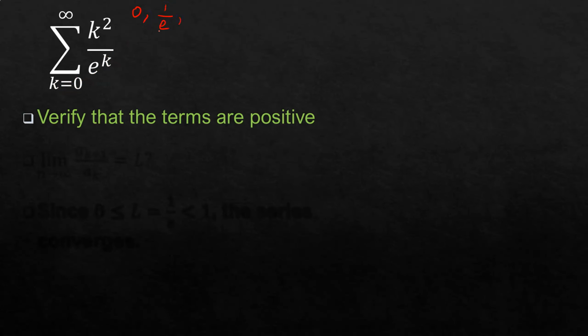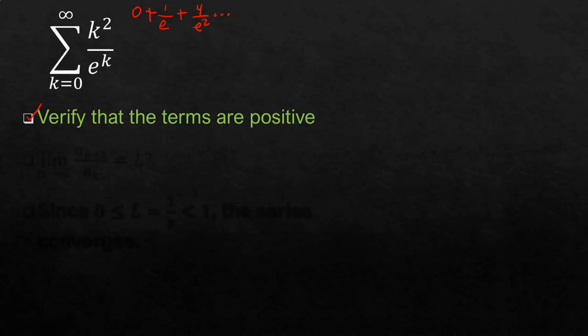And then the third term would be when k is 2, so that would be 4 over e squared, and so on. Sorry about that, I should have just said plus. And you know k is positive, and e to some power is positive. So the series has positive terms.